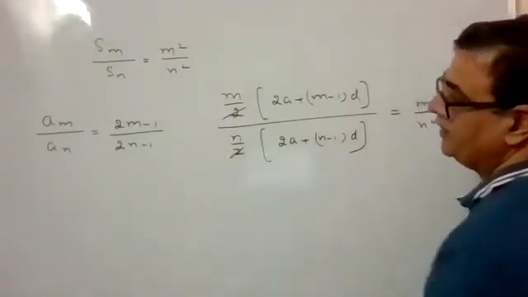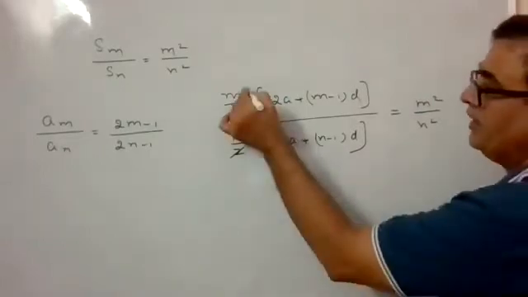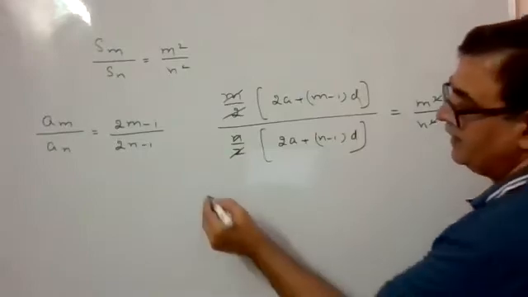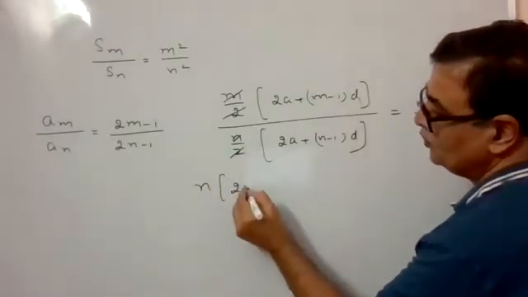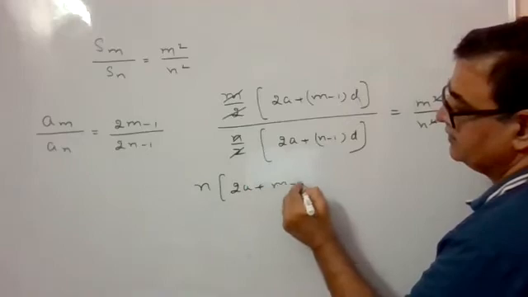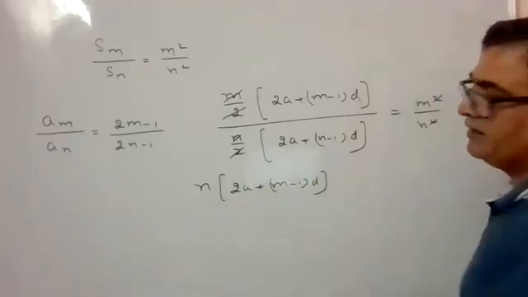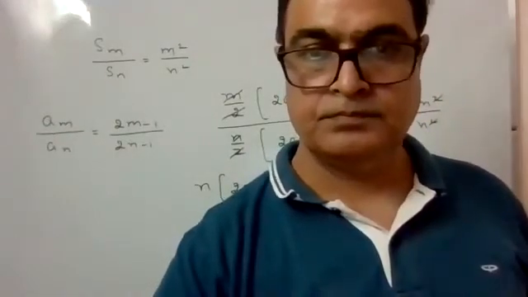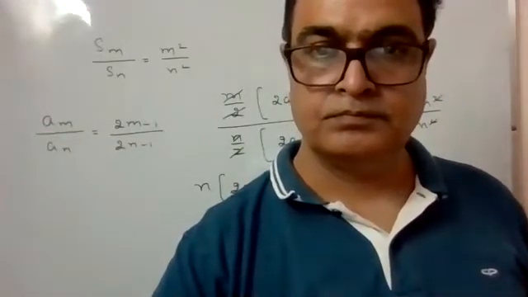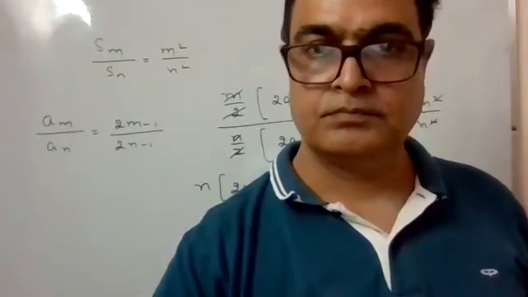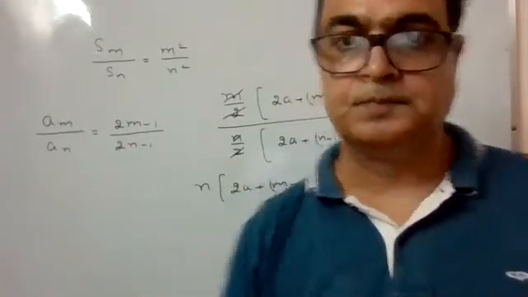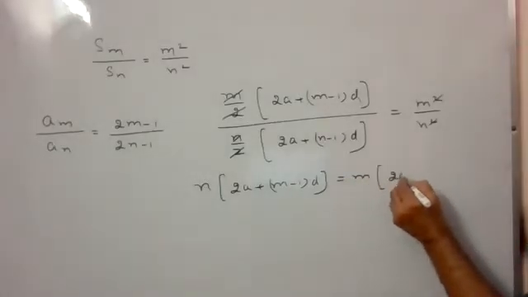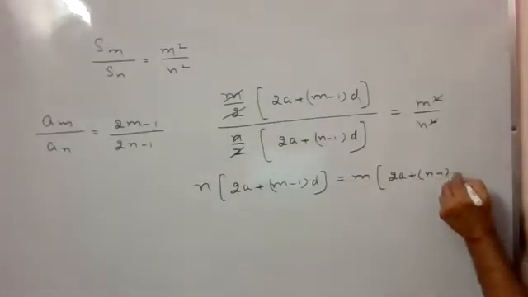This 2 and 2 get cancelled out, one m also cancels out, one n also cancels out. Then I have n times 2a plus m minus 1 into d is equal to m times 2a plus n minus 1 into d.